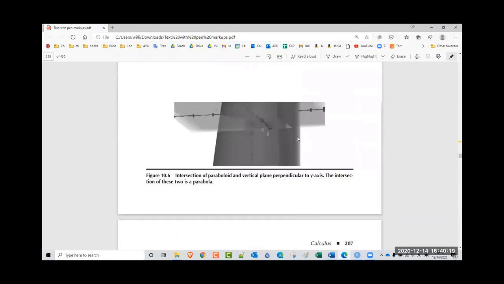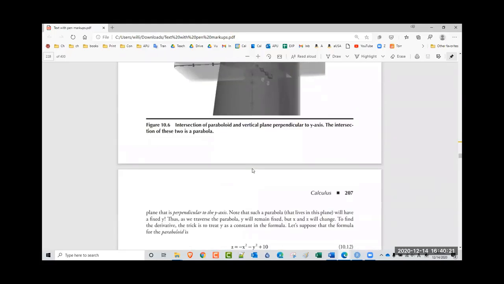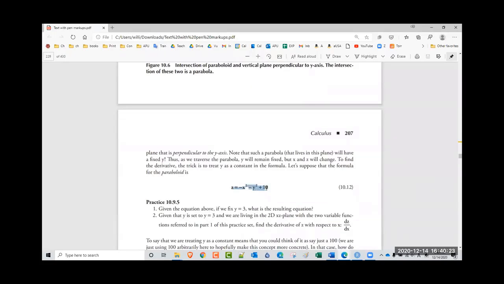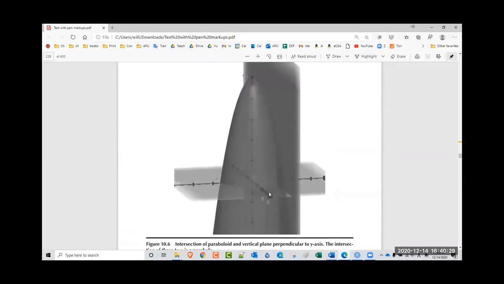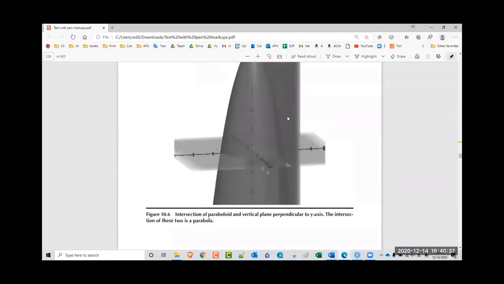So let's say that we have this paraboloid, which I think is here. This is the definition for that paraboloid. It's an inverted paraboloid, upside down. And then we take a plane. Now, which axis is this? It says the intersection of a paraboloid and a vertical plane perpendicular to the y-axis.